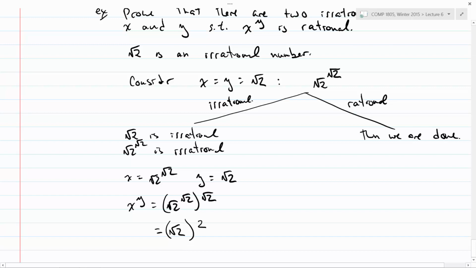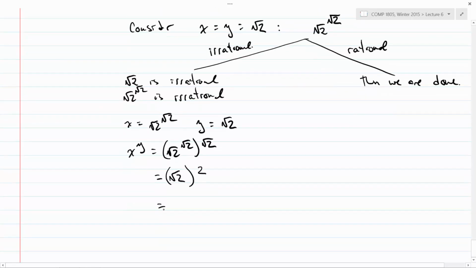So this is root 2 squared, and that is exactly the same as 2. And 2, of course, is just 2 over 1. So, therefore, the claim is true.